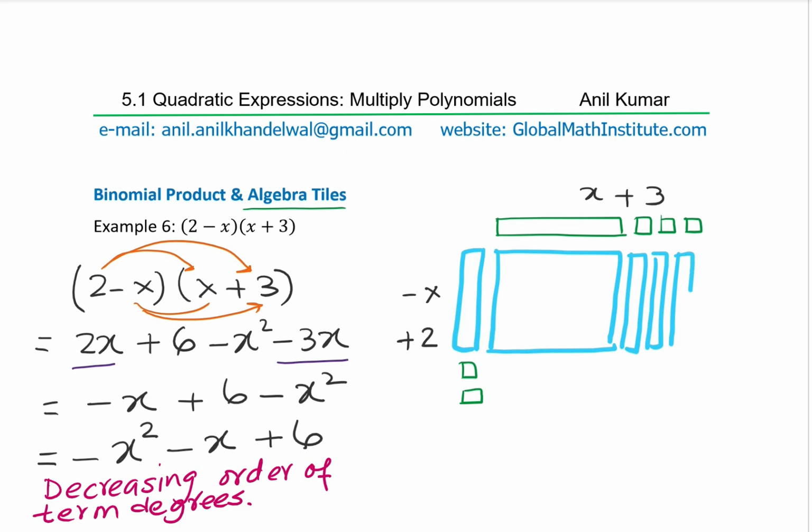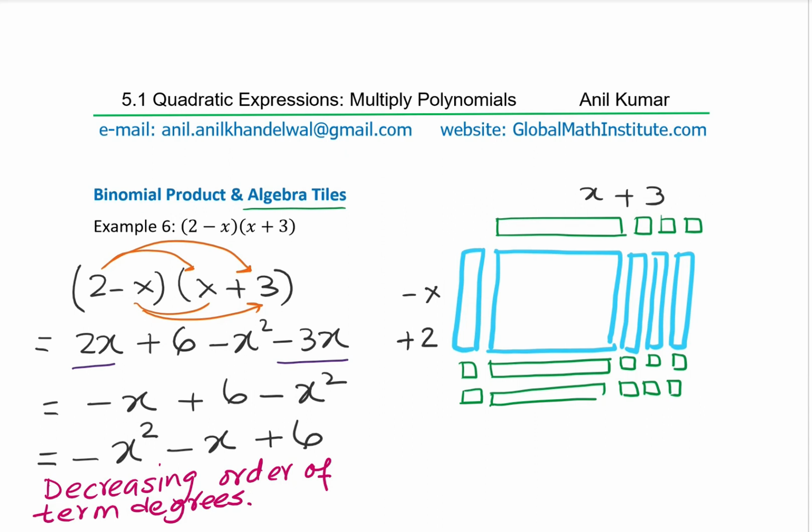So you got minus 3x. Here, when we multiply the positive with positive, you get positive. So all this will be now in green color. 1 times x is x, and 1 times 1 is 1. So 3 units. Then again, we'll repeat this pattern, and we get our result.